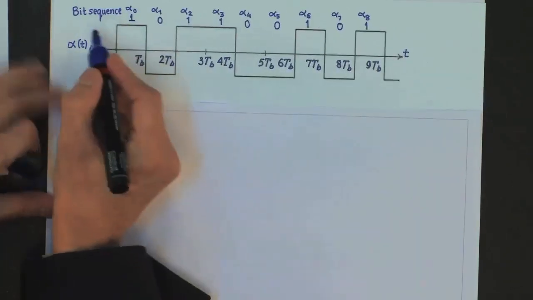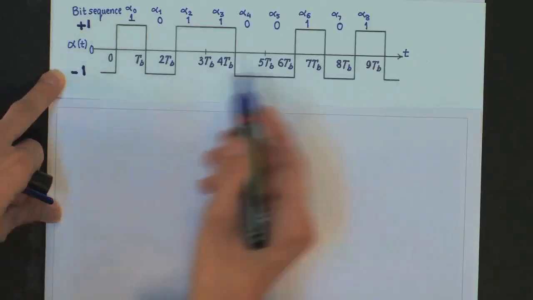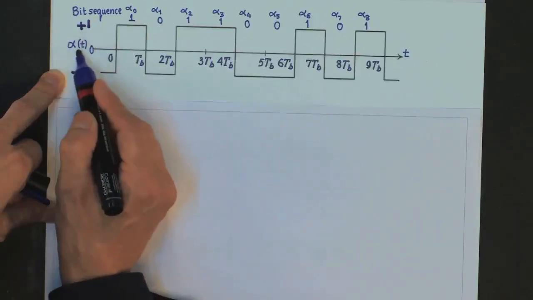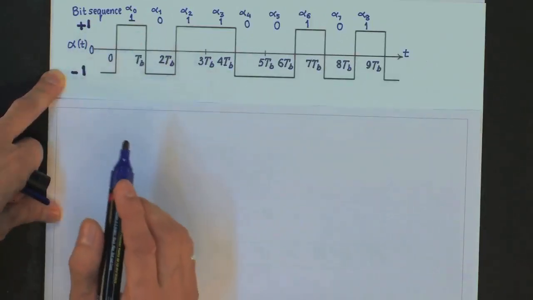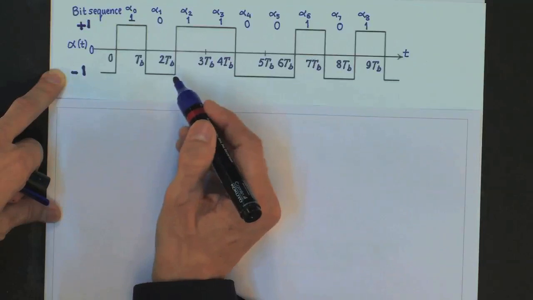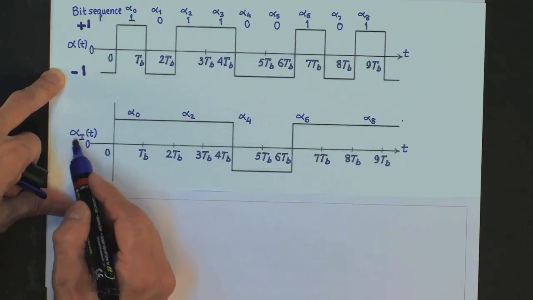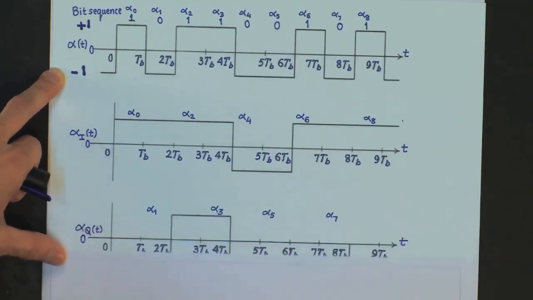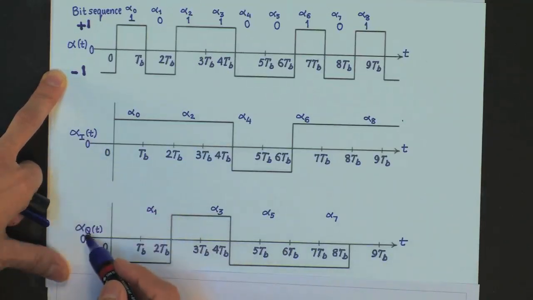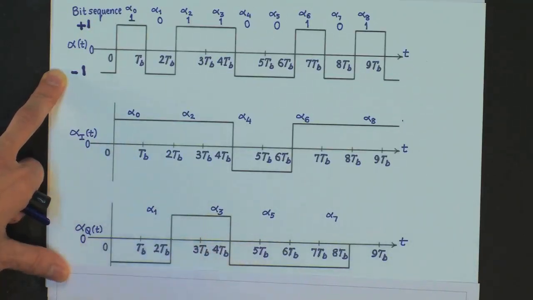These levels are plus 1 and minus 1, and this waveform we call alpha t. This waveform alpha t is then demultiplexed into even and odd bit streams, which we denote as alpha i t and alpha q t. I and q here are mnemonics for in-phase and quadrature respectively.